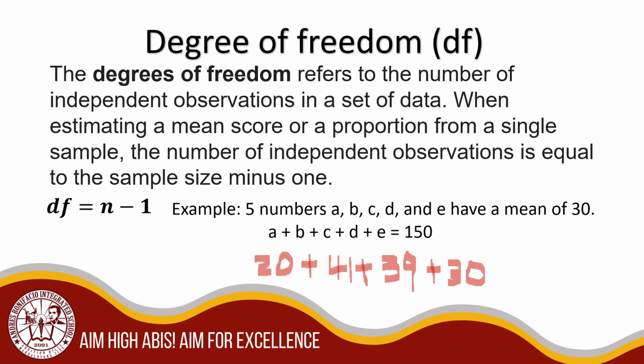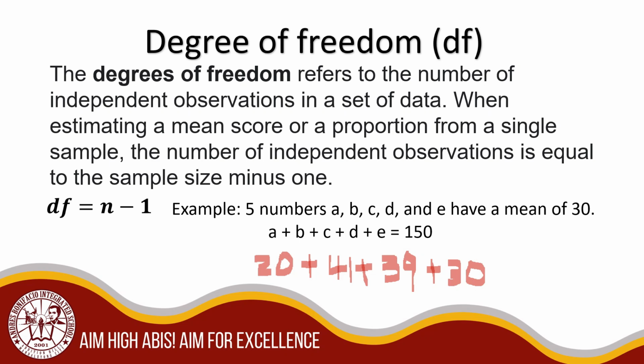But dun sa letter E, since ang total ng 5 ay 150, dun sa letter E, hindi na tayo makakapamili. Ang value ng E is not independent anymore. Ilan na ba yung apat na to? 20 plus 41, so 61 plus 39, so that is 100, 130 na. Okay? So that's all 130 na.